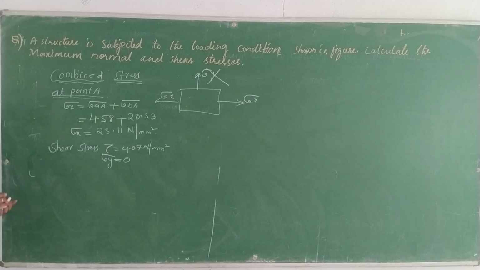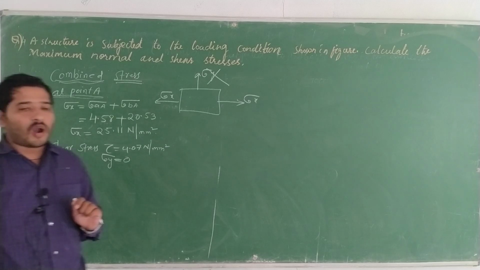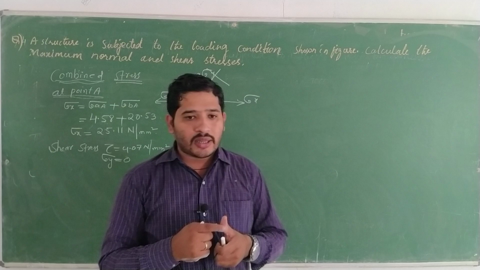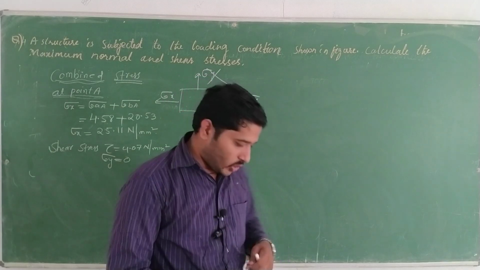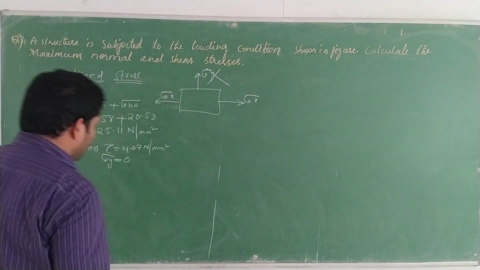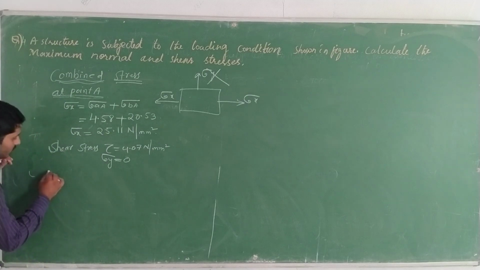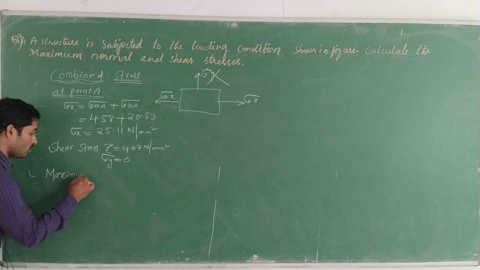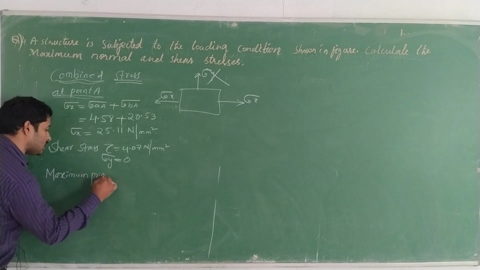Okay dear, let us see. You need to find the maximum normal stress. If you want to find the maximum normal stress, you need to find the maximum principal stress.